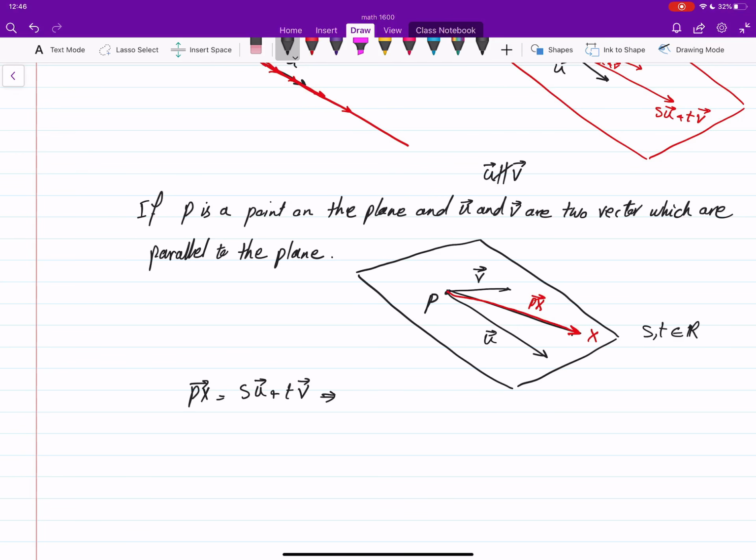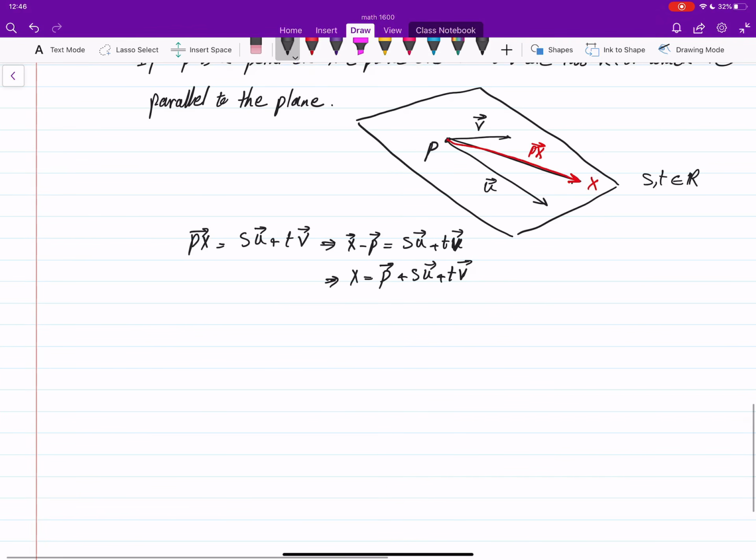And well, let's just write x minus P for Px, and then you see that every point on the plane is going to be like P plus Su plus Tv.